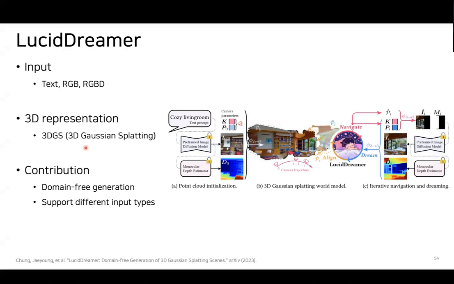While existing 3D generation methods have shown bias toward the training data domain rather than the input domain, this method overcomes this challenge and is called domain-free generation. It means that it can produce results that reflect the input domain, not the training data domain. And they support different input types like text, RGB, and RGBD.